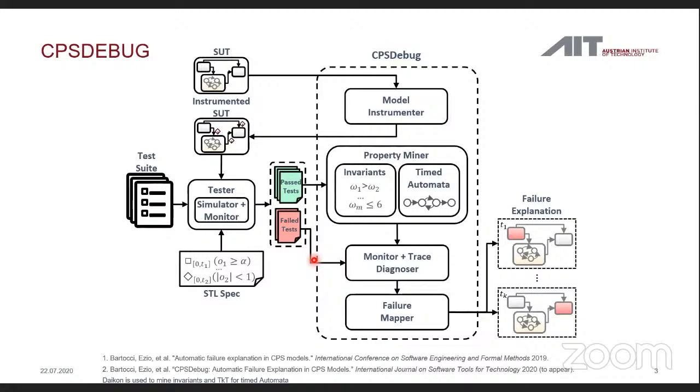We also capture the time at which these violations first occur. Then we cluster these violations according to the time of their occurrence, and we create this sequence of snapshots that is mapped back into the model. And we see how or where in the model this failure has occurred.